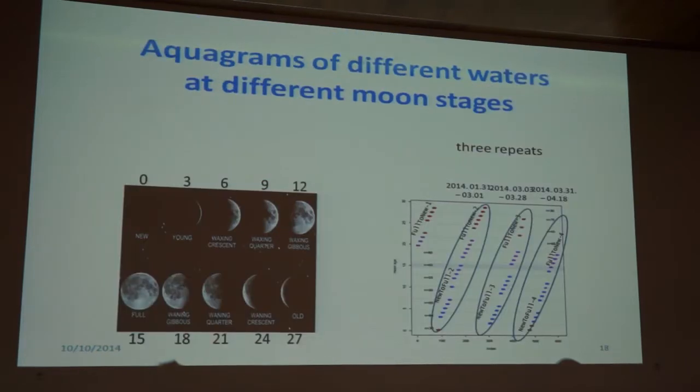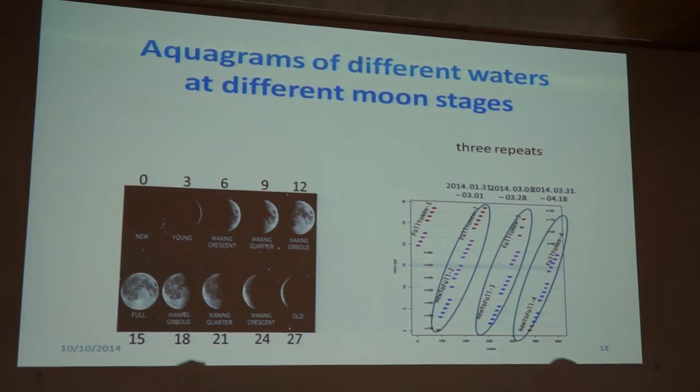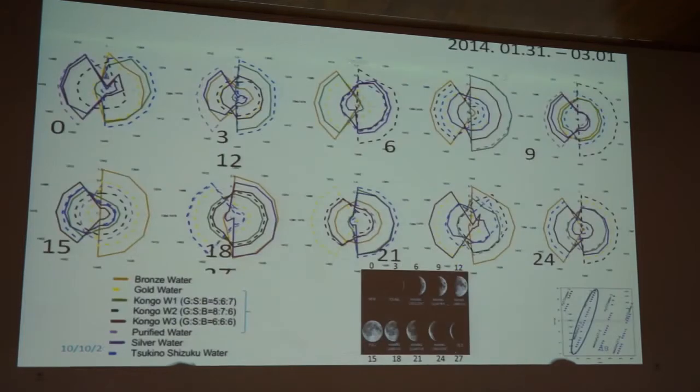Now, just to show you an application, because we had very interesting talks, and this is the moon cycle, so we have followed different waters over 3 months, and how the moon phase influenced the water. So I will show you, these are the aquagrams of these different kinds of waters.